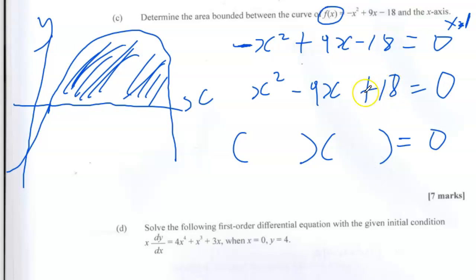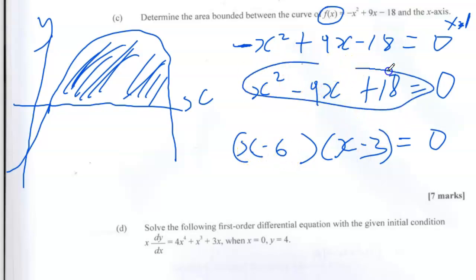Factors of 18, 6 and 3. So we can write it as x minus 6, x minus 3. Notice if we expand this bracket, we should get this here. So when we're solving by factorization, we equate the factors to 0.